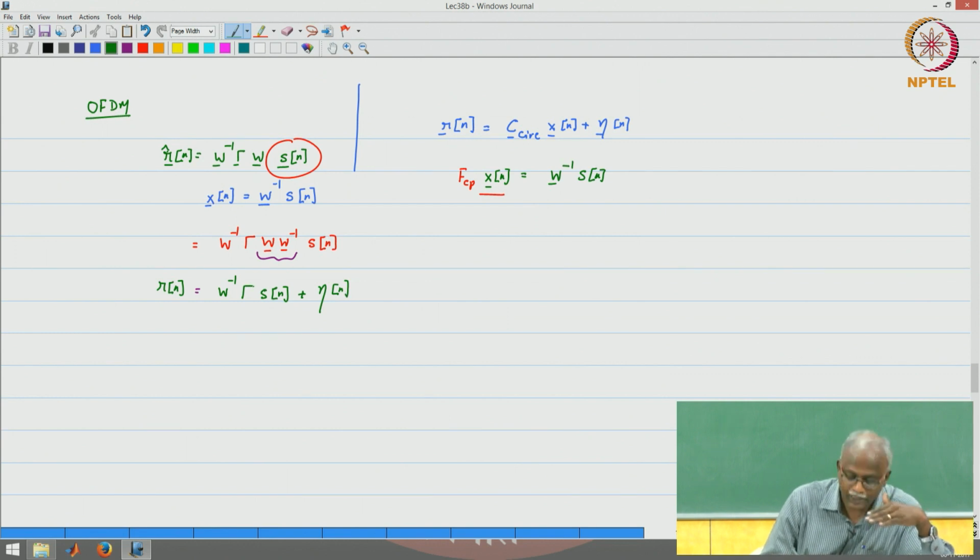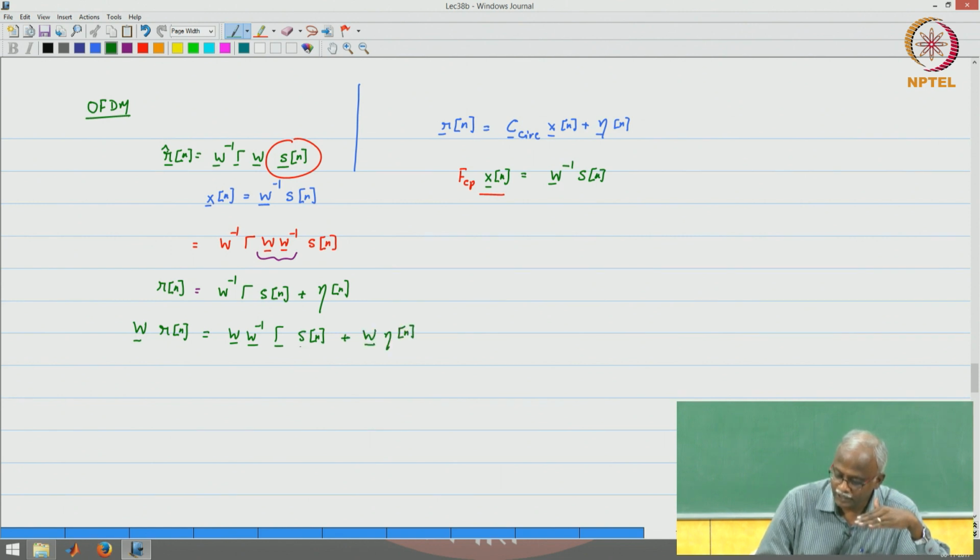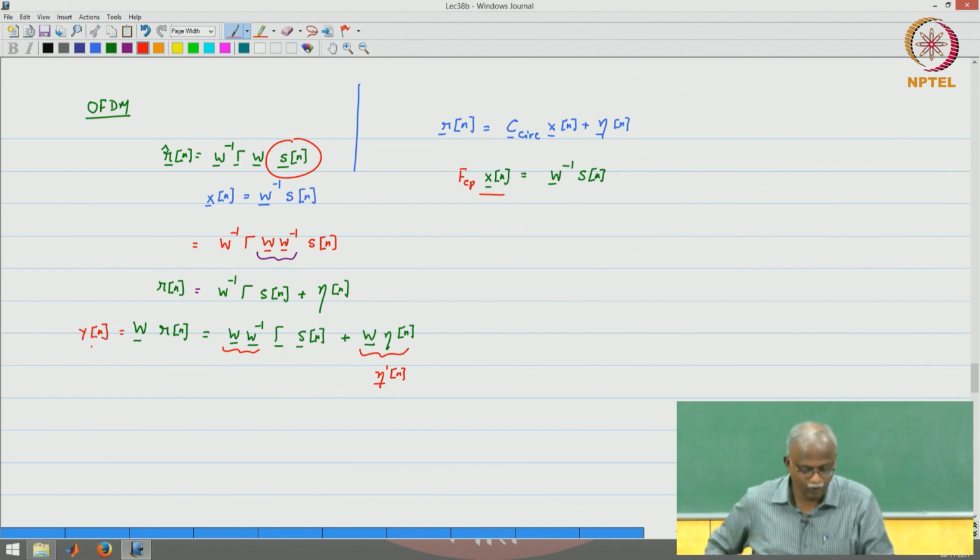If I take the DFT of this, W times R of n will become W times W inverse lambda times S of n plus W times eta of n. That is basically some other noise vector, so I will just label this as eta prime of n. These two will cancel. So this becomes equal to my output y of n.